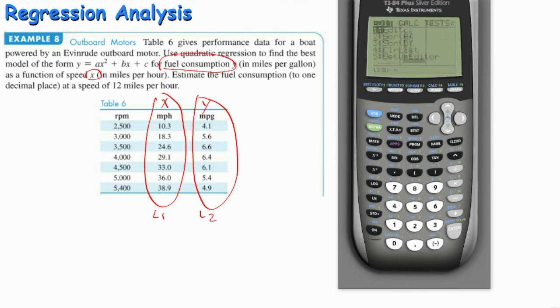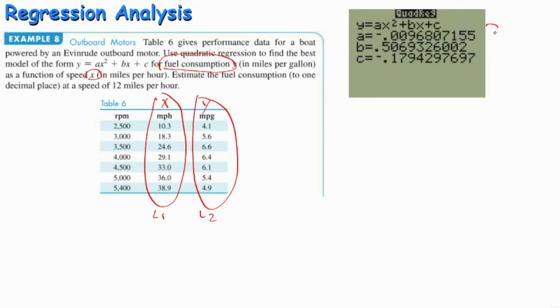And now we hit the Stat button again, go over to the Calc column, and go down to Quadratic Regression. Our X list is list 1, our Y list is list 2, those are correct. And we'll hit Calculate.